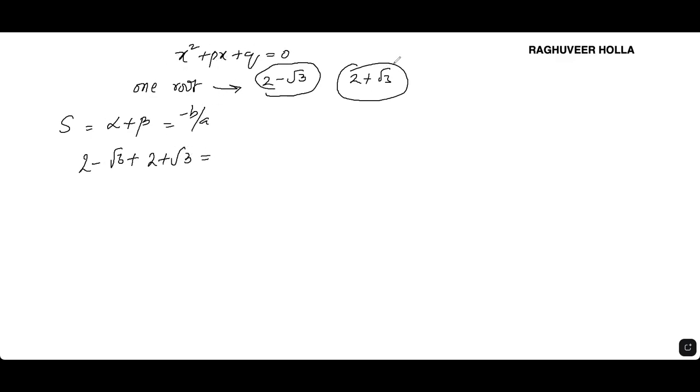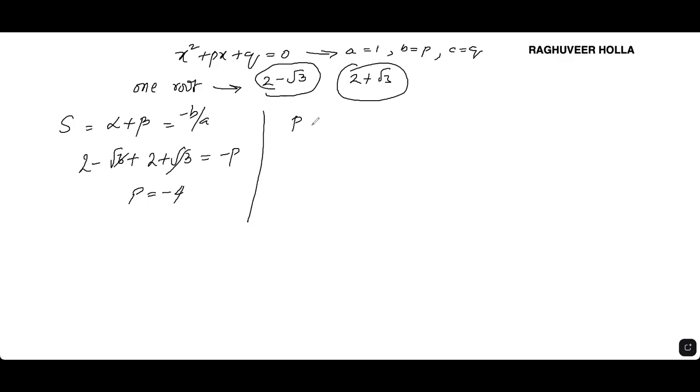Here a is 1, b is p, and c is q. So minus b by a is minus p, and we got p as minus 4 when we sum the two roots.